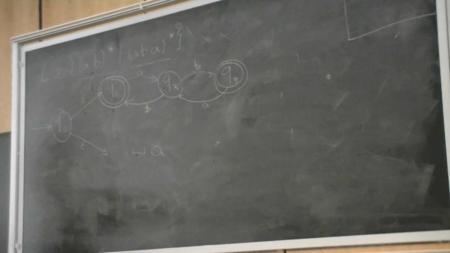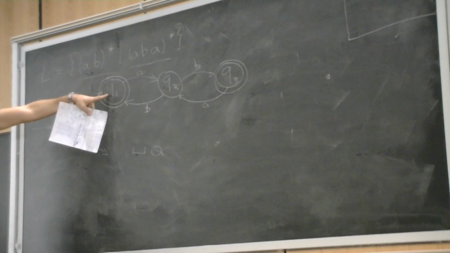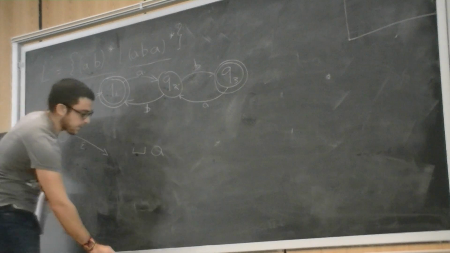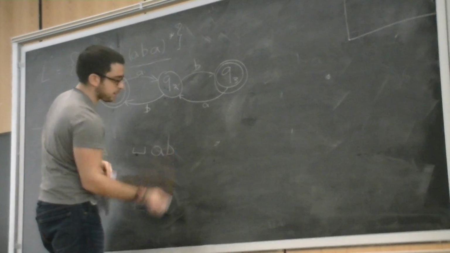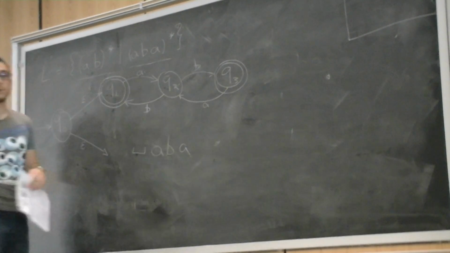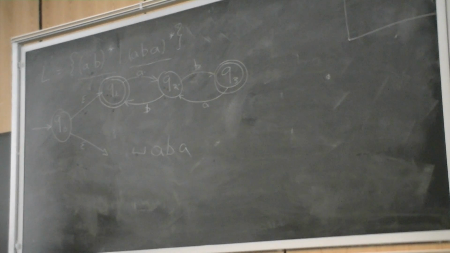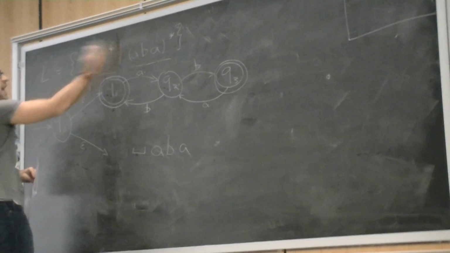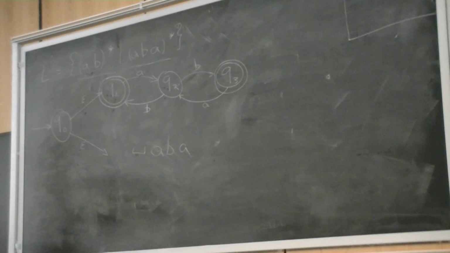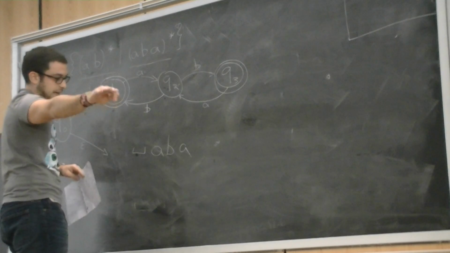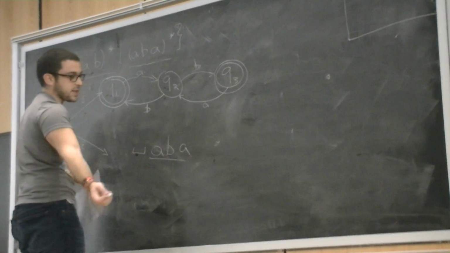If I get another A, should I accept it or not? I would have AB that I read and I accepted it, and another A. I should do what? Accept or reject? Reject. It's A, B, A. From that part of the expression, I should reject. I need repetitions of A, B, A, B, A, B, A, B. So if I don't end up with a B as my last symbol, I should reject. So this thing is rejected.